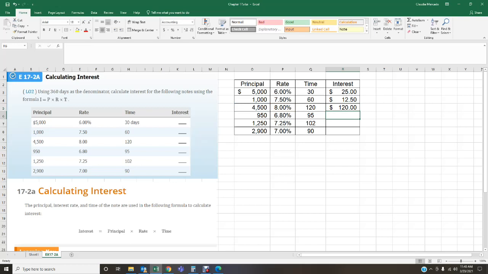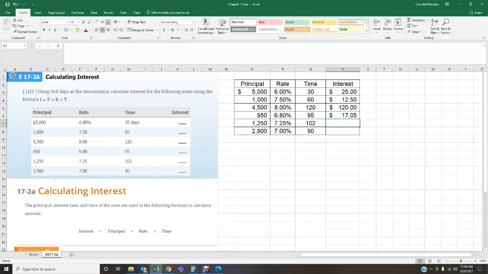That gives me $120 of interest. The next scenario is $950 times the rate of 6.8 times the number of days, 95 over 360. That gives me $1,705, okay?